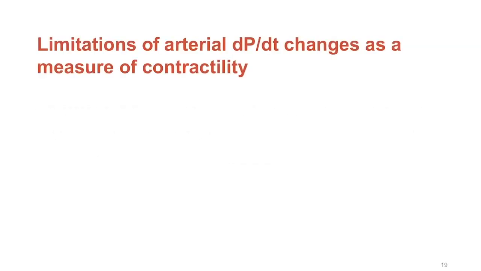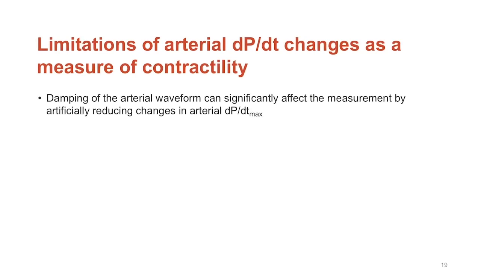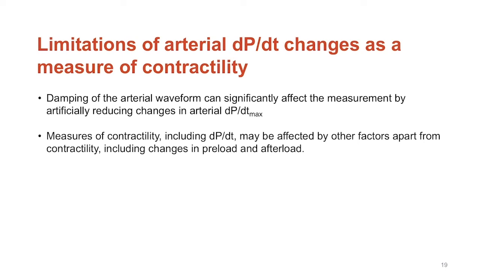There are some limitations in terms of using this parameter. As we mentioned before, this is from the arterial waveform signal. So if the signal is damped, for example, a bubble in the transducer, then arterial dP/dt will be reduced and is inaccurate. dP/dt or other measures of contractility can be affected by other factors, which include changes in preload and afterload.